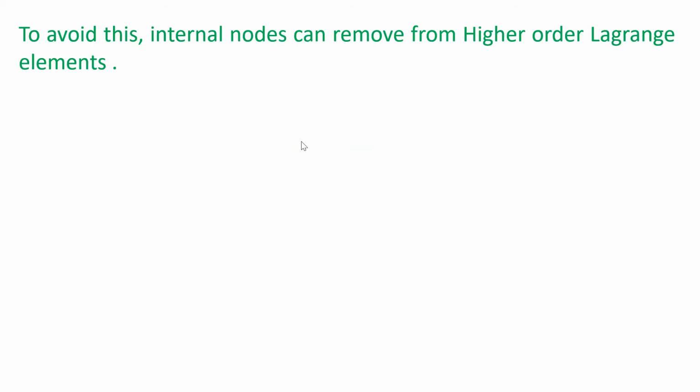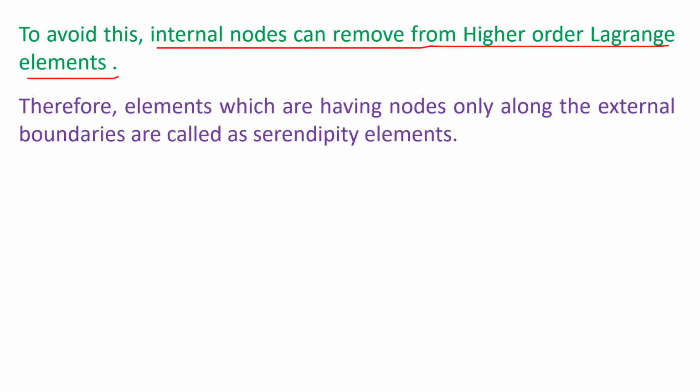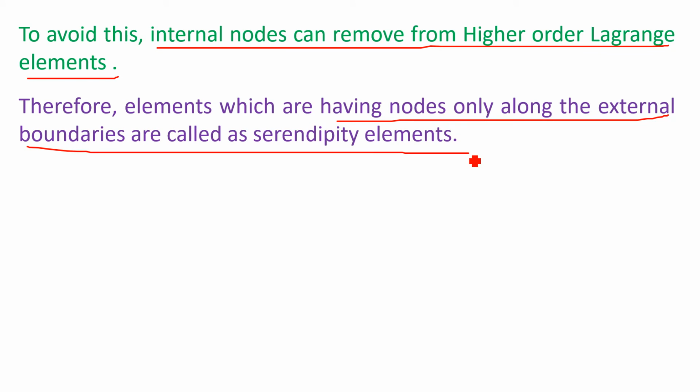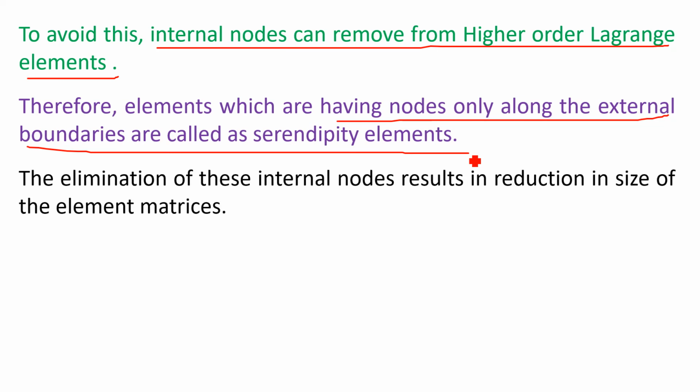To avoid this computational work, it is better to remove internal nodes from the higher order Lagrangian elements. The elements which have nodes only along the external boundaries, that is on the edges, are called serendipity elements, and the elimination of internal nodes results in reduction in the size of the element matrices.